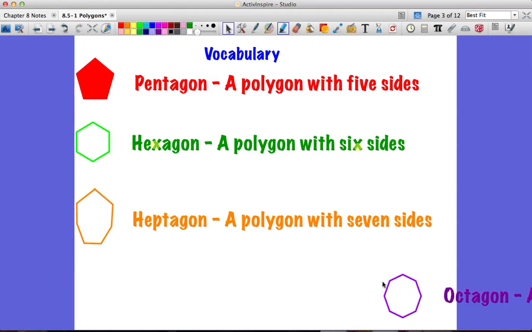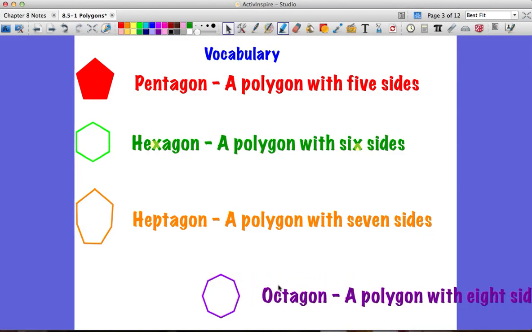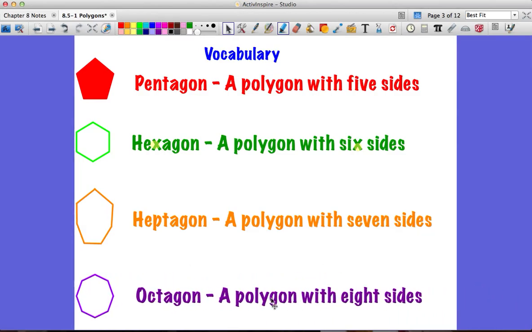An octagon. An octagon is a polygon with 8 sides. You'll typically see these when you see stop signs on the street. Again, for octagon, if you think of an octopus has 8 legs, an octagon has 8 sides.